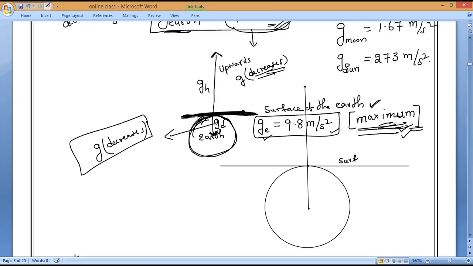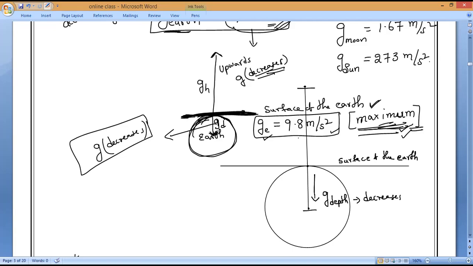This is the surface of the earth, and this is deep inside. Now this is going above, and this is going below. So if you keep on going down, does the g value decrease or increase? With depth, the g value decreases.